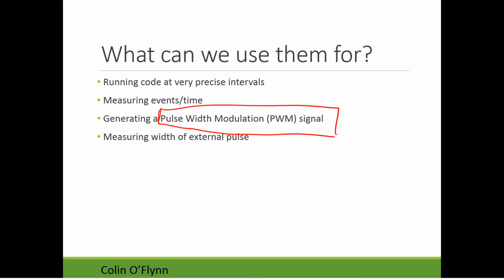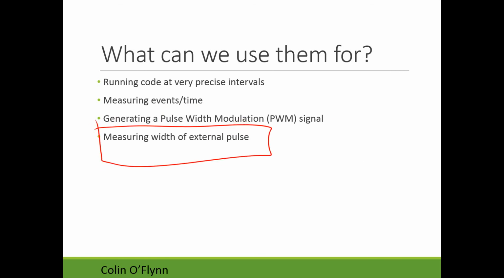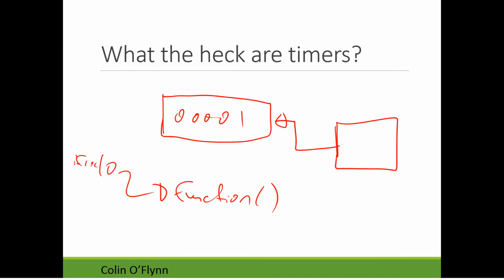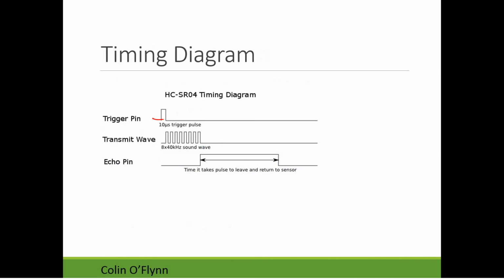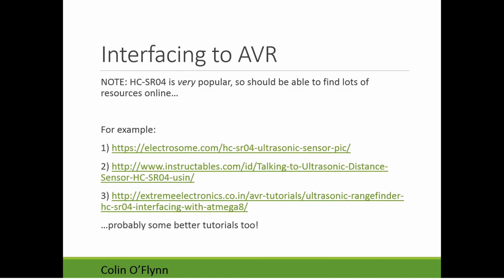And this will be, on your robot, how you control speed, very important. And finally, what will be of interest to us here is measuring the width of this external pulse. So going back to the sensor, what we need to do is measure how long that echo pin is high for, and we can use the AVR timers to do that.